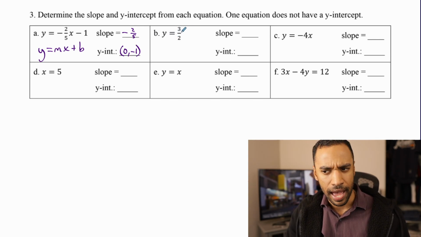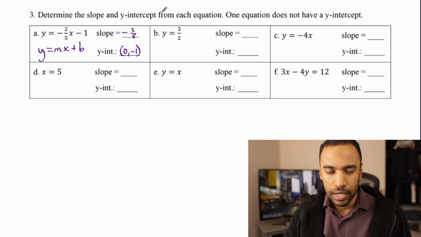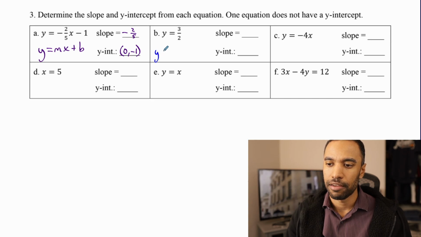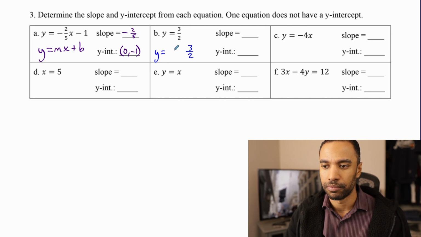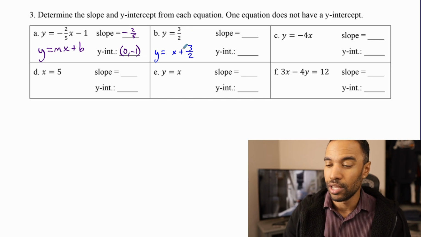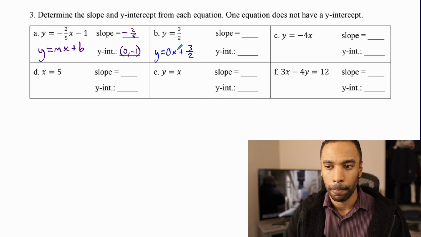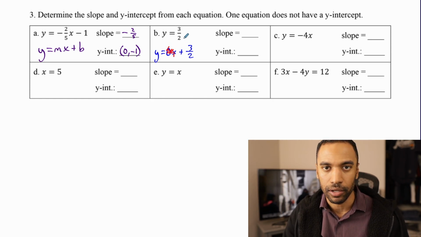Y equals 3/2. This one's a little interesting because I do not see, is this y equals mx plus b form? You can makeshift it into that. If 3/2 isn't multiplied by x, then 3/2 must be the b value. So what's the m value? If we're adding something with x to it, but I don't see the x, the coefficient must be a 0. 0 times x would make that go away, and you would just get y equals 3/2.